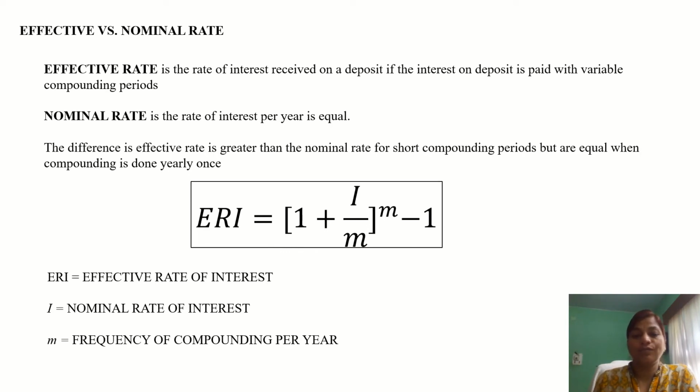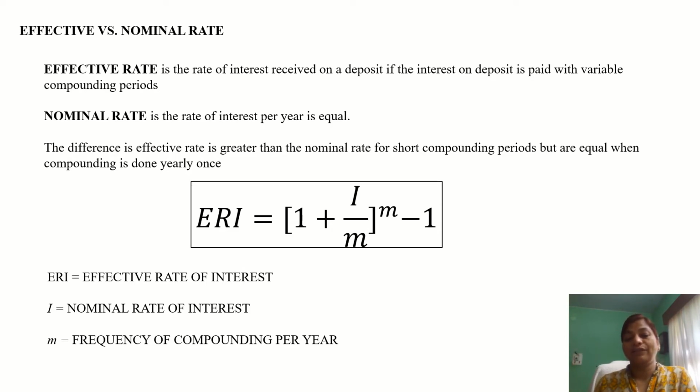But when you go for longer periods, like more than 1 year, you will see that there is no difference. So in short compounding periods, you can see the difference between the effective rate and the nominal rate.